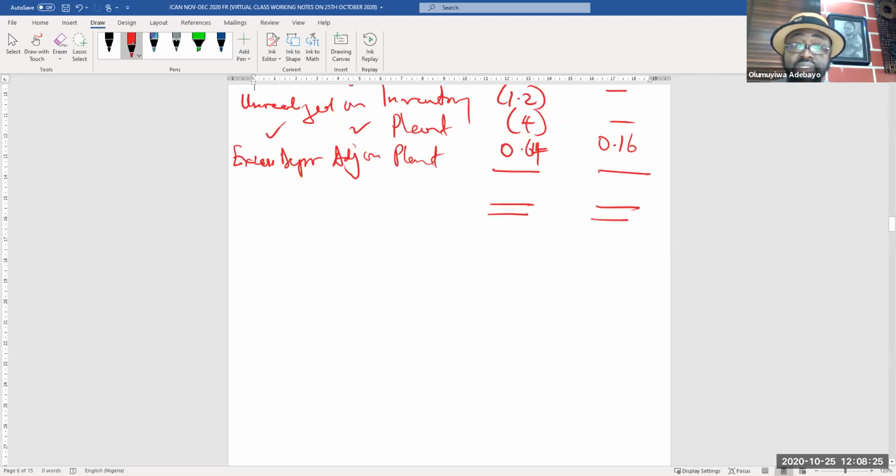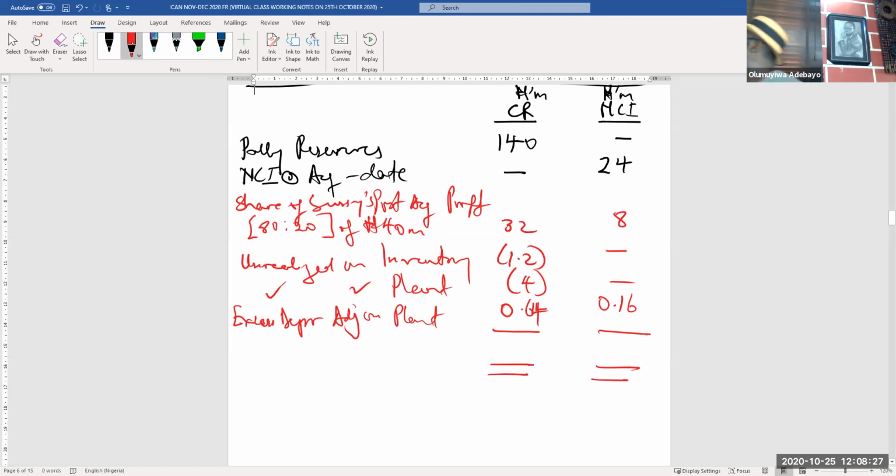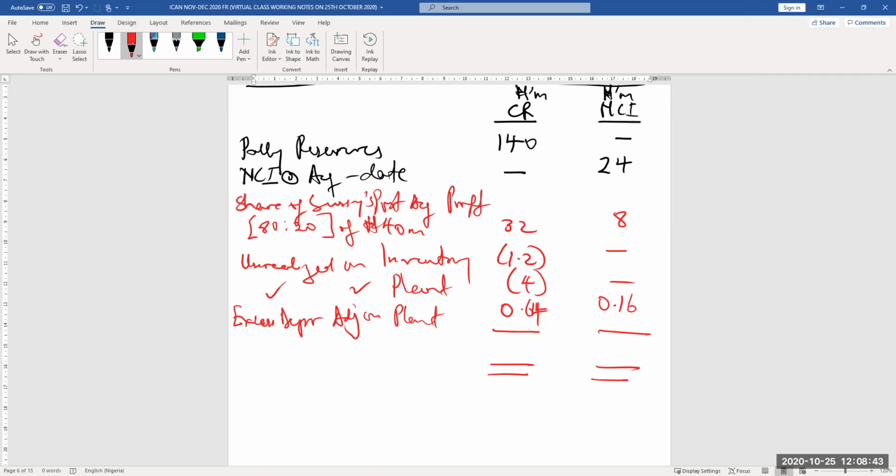And let's pick our calculator and sum this up. $140 plus 32 minus 1.2 minus 4 minus SCI plus 0.6.